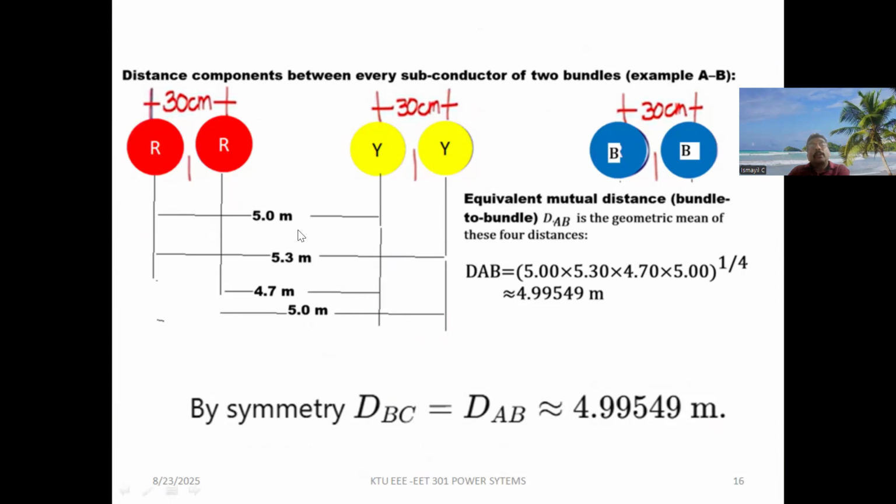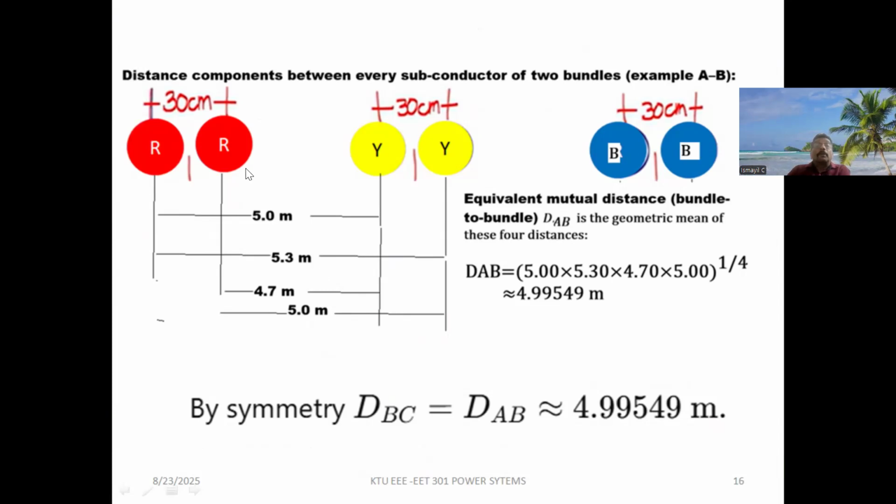That will be 5 meter. Similarly, for the first subconductor of the R phase and the second subconductor of the Y phase, the distance is 5.3. That is, I have to add 15 centimeter this side and 15 centimeter this side. So total it will be 5.3.